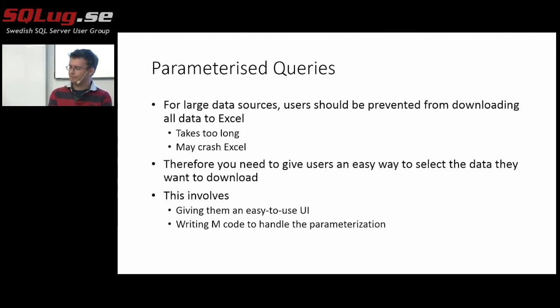So the problem is, you want to do some reporting on a very large table of data. So I guess most people have played around with Power Pivot, right? The problem with Power Pivot is that it wants to load all of its data into memory. And if you have a very large data source, you just can't load all of the data into memory.